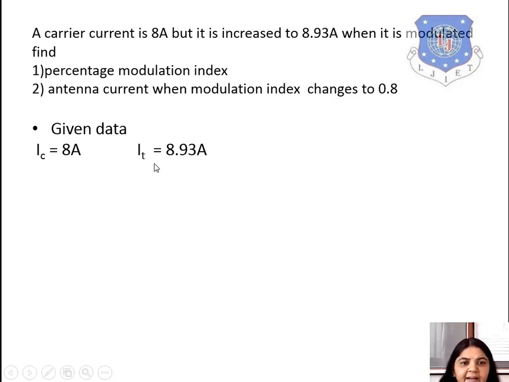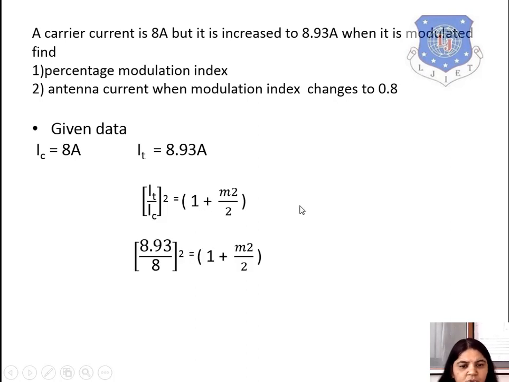So my IT value is equal to 8.93 ampere. Which relationship can I use? IT upon IC whole square is equal to 1 plus m square by 2. So IT is 8.93 upon 8 whole square is equal to 1 plus m square by 2. So I can find out the value of the small m.